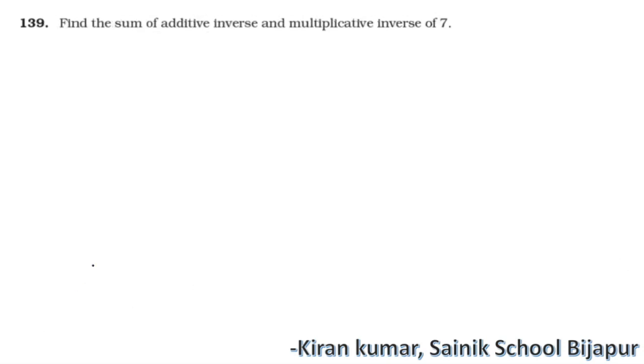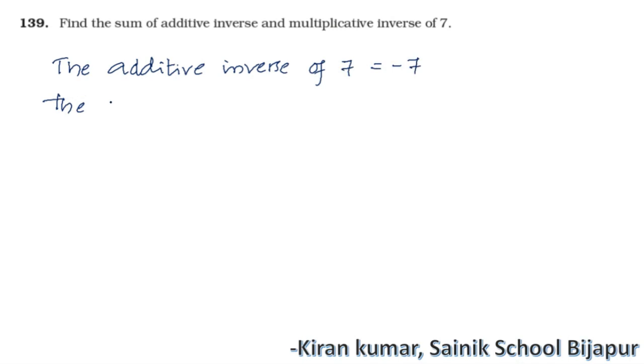Question number 139. Find the sum of additive inverse and multiplicative inverse of 7. First, let me write down the additive inverse of 7. The additive inverse of 7 is minus 7. Let me also write the multiplicative inverse of 7.